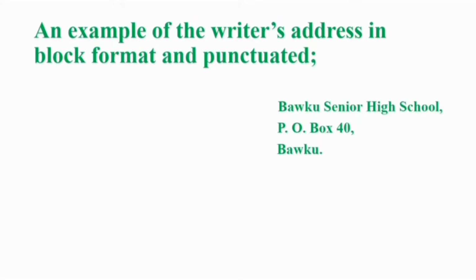The second line contains the postal address, which is P.O. Box 40, followed by a comma. Then our last line contains the name of the town, which is Wassce, followed by a full stop. Take note, the full stop usually comes on the last line of the address if you choose to punctuate it. The remaining lines take the comma. Please, you can choose not to punctuate your address as well.